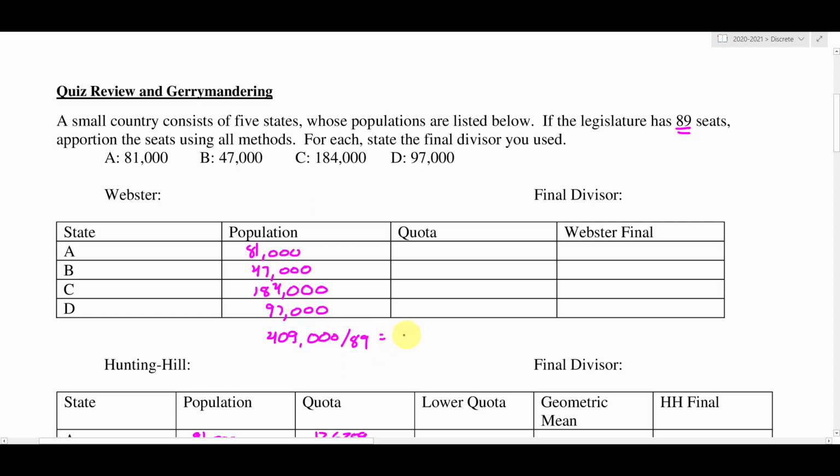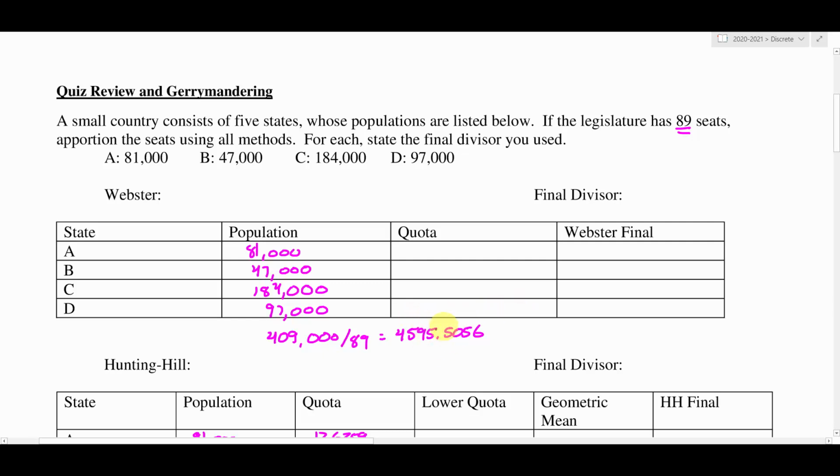So we should get a divisor of 4595.5056. Let me just double check that number. I don't want to make any big mistakes here. Yeah, so 4595. That's correct.